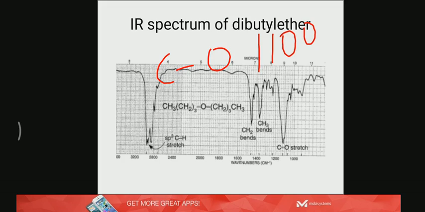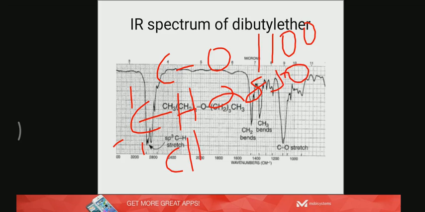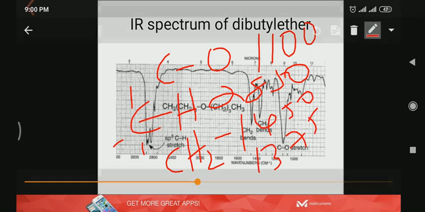In addition to this CO, for any aliphatic compound there will be CH stretching just below 3000, around 2850 or so. And there are so many CH2 groups which will show bending vibrations at 1450 as well as 1375. This is a characteristic IR frequency for CH2 bending vibrations, right?